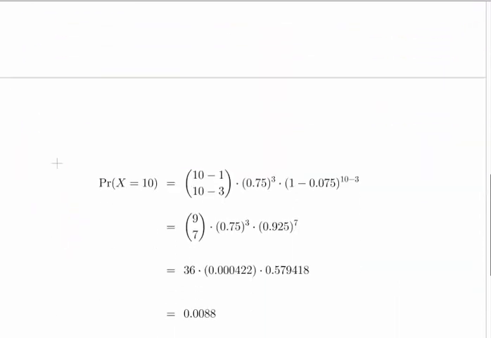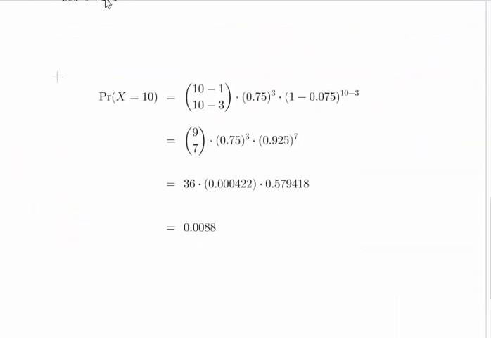So let's look at the answer. Using that probability mass function, the probability of X equal to 10. We compute n minus 1, which is 10 minus 1 is 9, and then 10 minus 3 is 7. So 9 choose 7, which is equal to 9 choose 2.